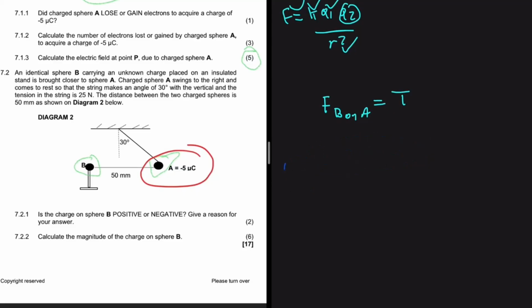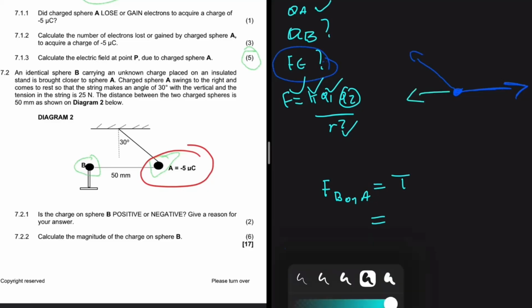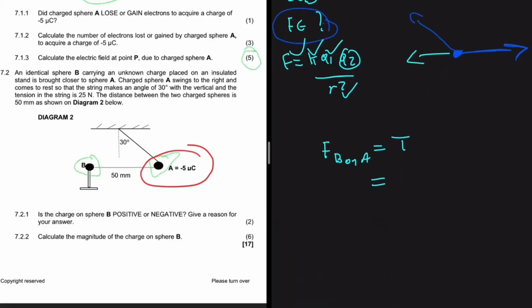So let's see what happens. FB on A will be equal to the x component of the tension, because clearly the tension is acting at an angle. Let me make it a bit more clear. We have sphere A here, and FB on A is pushing to the right, and the tension is acting at an angle. If we resolve the tension, then we'll know the magnitude of FB on A. So now we can say that the tension is 25 multiplied by, if you want to find the x component, you use cos on a flat surface, and on an incline, you use sine.